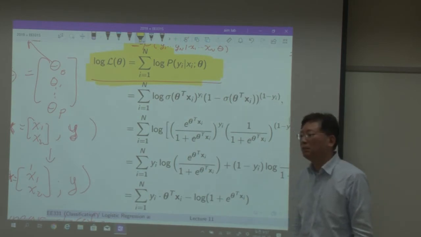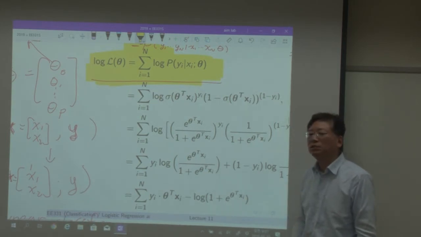Just a little bit of detail, so that you understand how I got that right away.